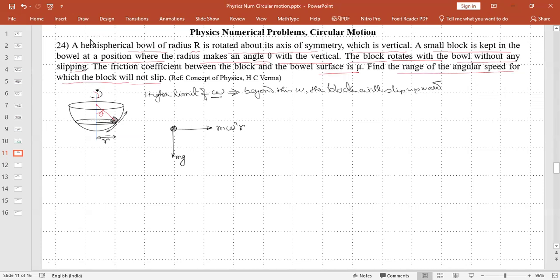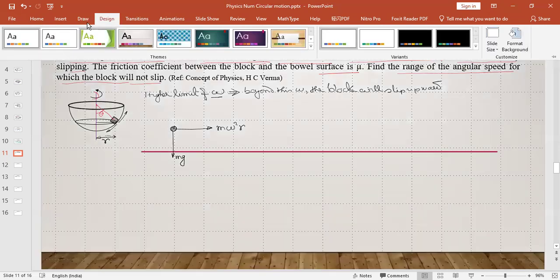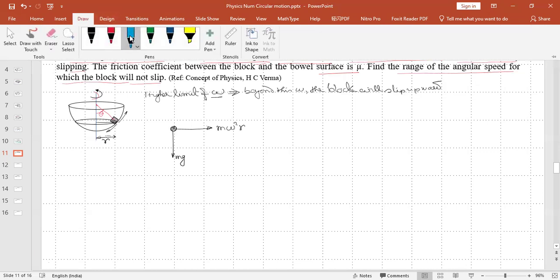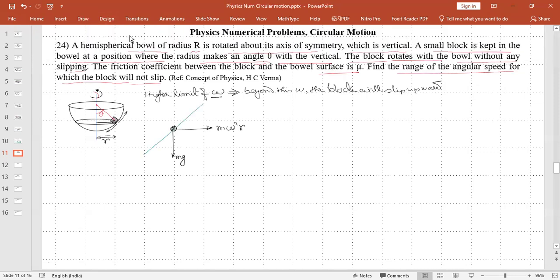Right? Now, there is a slope along the bowl. Let us exaggerate the zoomed in view.